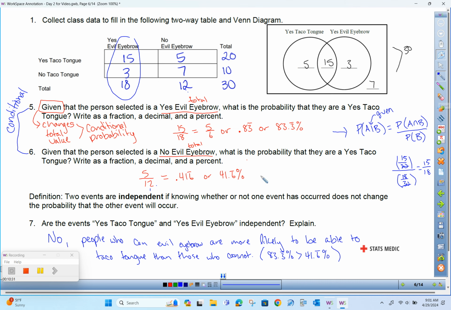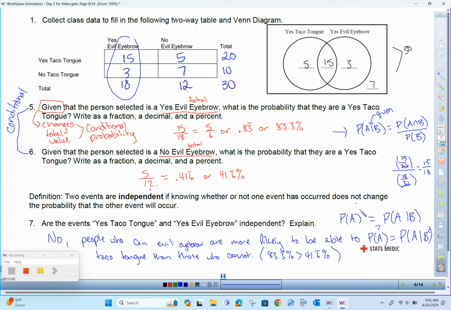In general, you can look at a lot of different things. You could look at just the probability of A. Is that equal to the probability of A given B? Because if so, independent. Is the probability of A equal to the probability of A given not B, or the complement?